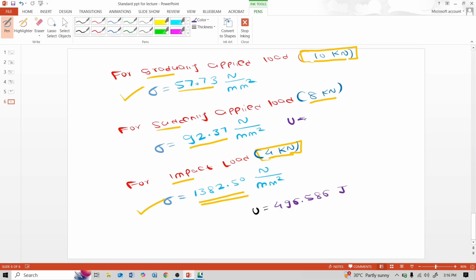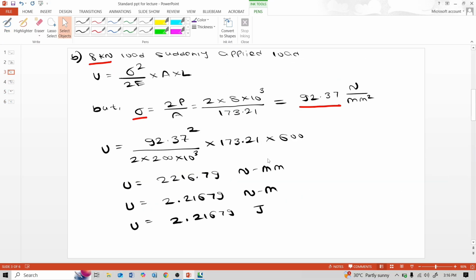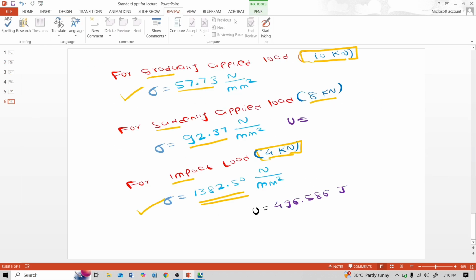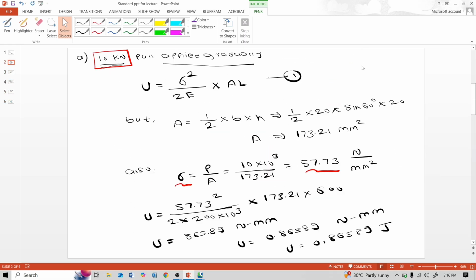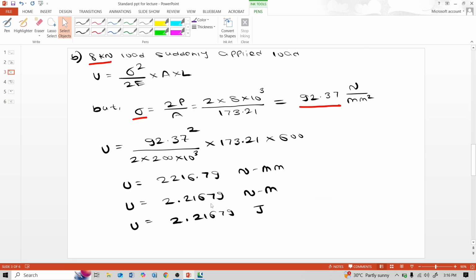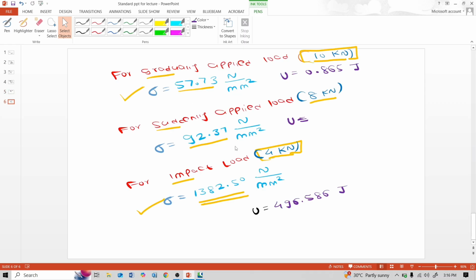Compare strain energy also for impact load, suddenly applied load and gradually applied load: 0.865 joule, 2.21 joule. You see, for impact load, strain energy is also maximum.